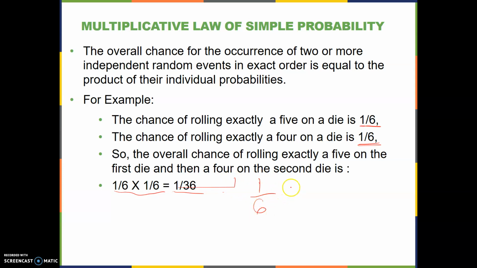Okay, so 1/6 times 1/6 equals, you multiply the top two numbers, 1 times 1 is 1, and the bottom two numbers, 6 times 6 is 36. So that's a 1 out of 36 chance that you would roll a 5 and then a 4.